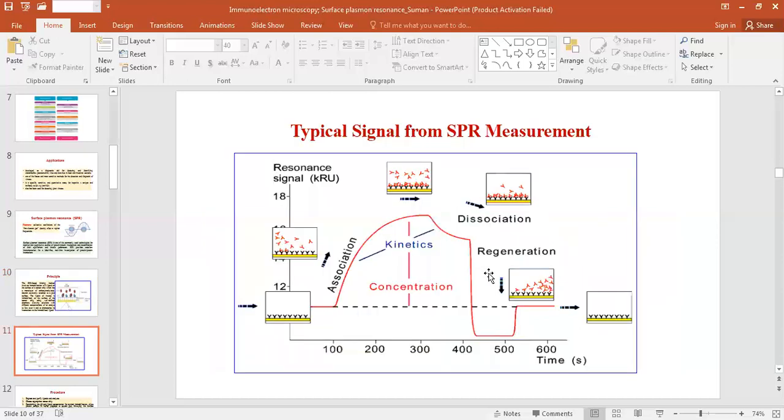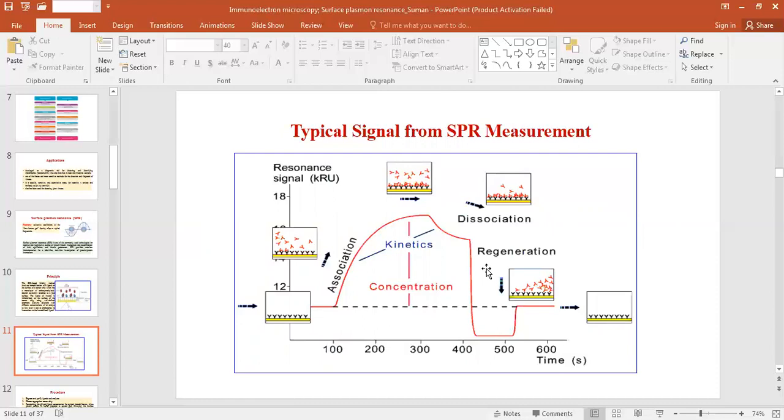So the SPR signal, which is a typical signal that we can get from SPR measurement, mostly for protein-protein interaction, antigen-antibody interaction, originates from changes in the refractive index at the surface of the gold sensor chip. The increase in mass associated with the binding event causes a proportional increase in the refractive index, which is observed as a change in response.